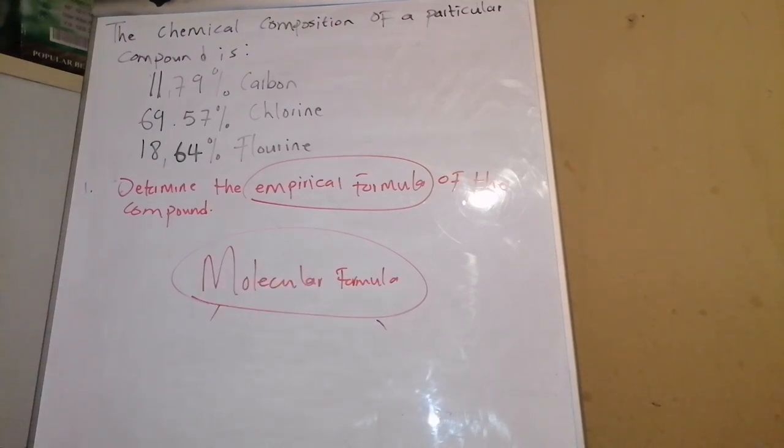Then we'll upload another part that is under quantitative aspects of chemical change, which will be for grade 11 and grade 12, on how to determine if a reaction is limiting or an excess reaction, and we do other things which are under the quantitative aspects of chemical change.